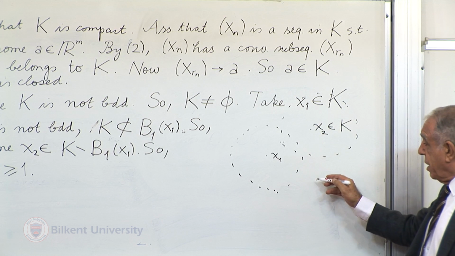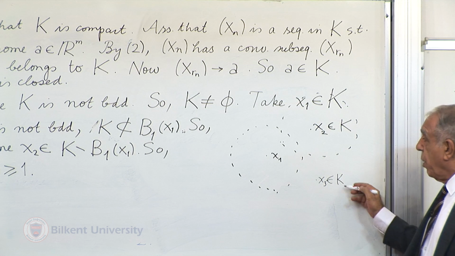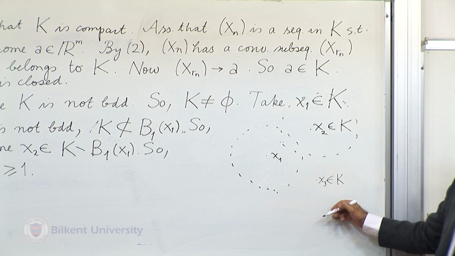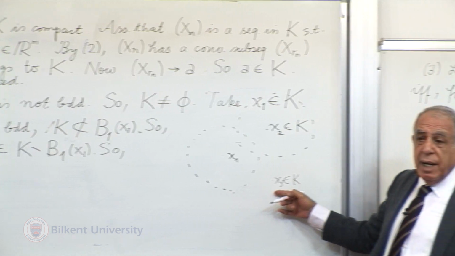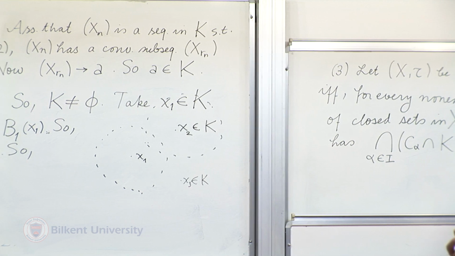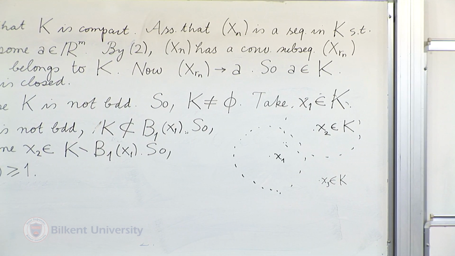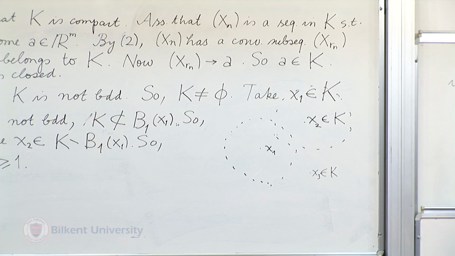Thus, I can take a third point in K, which belongs to neither of these balls. But what will the property of x3 be? Its distance from x1 will be larger than or equal to 1, from x2 as well. But instead of doing that, let's do it formally by induction.